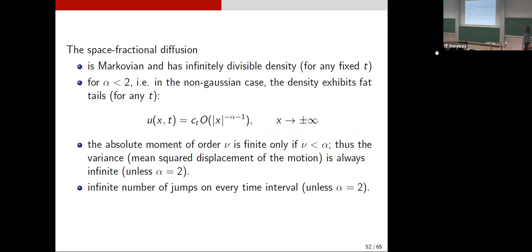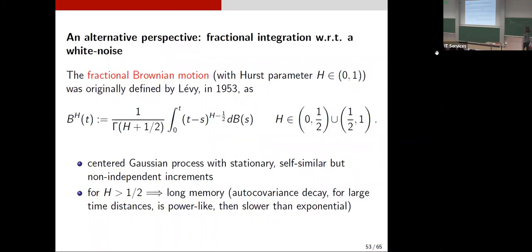And so the absolute moment of any order greater than alpha is, as is very well known for the alpha stable case, infinite. And thus the variance, the mean square displacement of the motion, is always infinite unless alpha is equal to 2, so unless we are in the Brownian case.